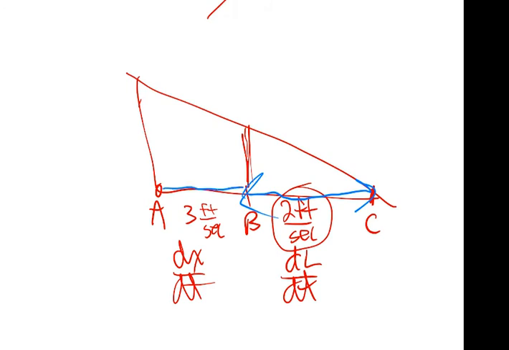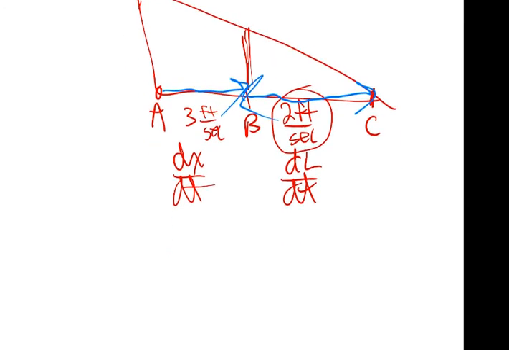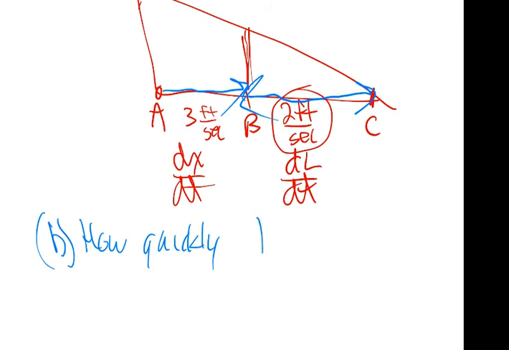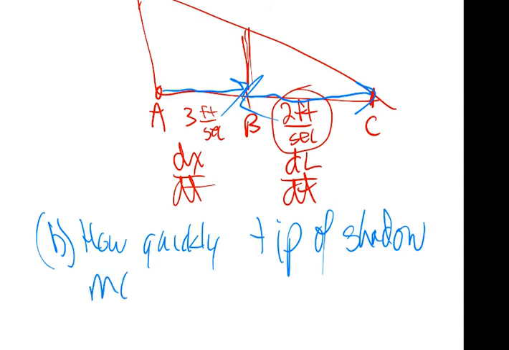This right here is the skateboarder. That's how quickly he or she is traveling. Then the part B question was, how quickly is the tip of the shadow moving? And that, folks, is C. How quickly is C moving away from the post A?